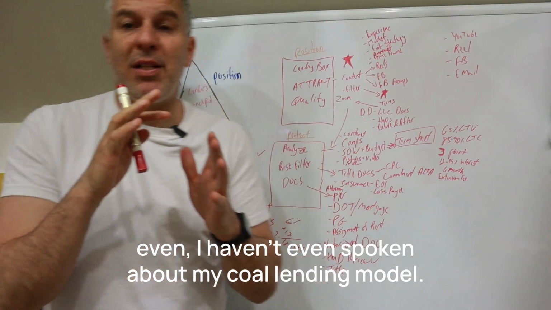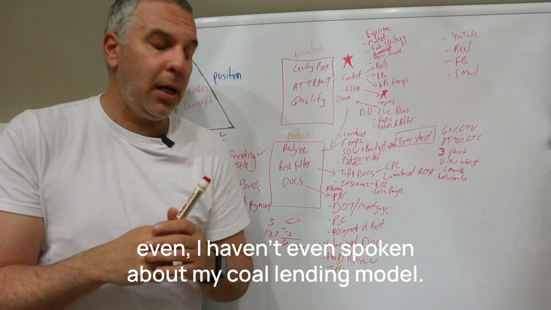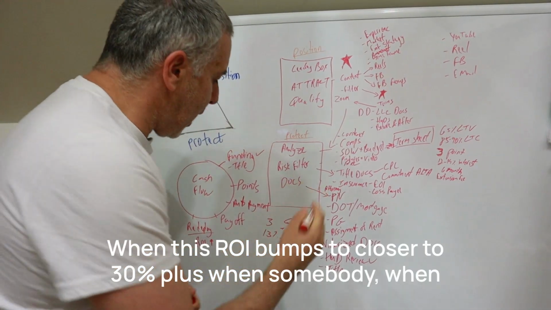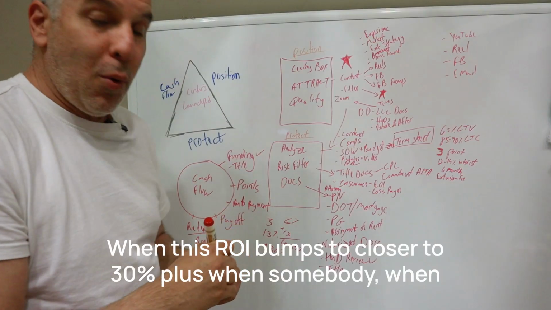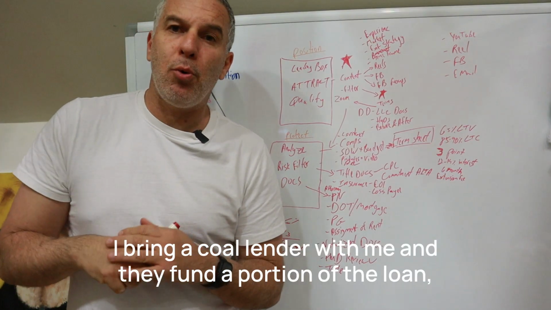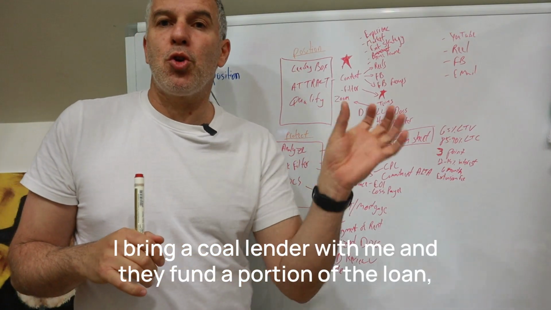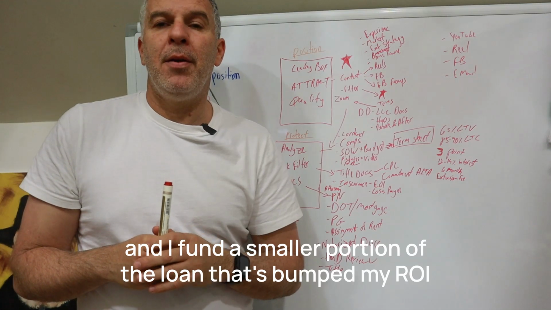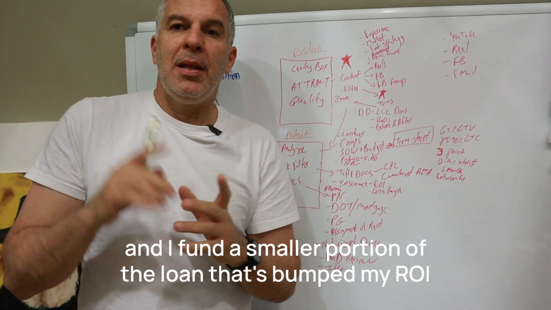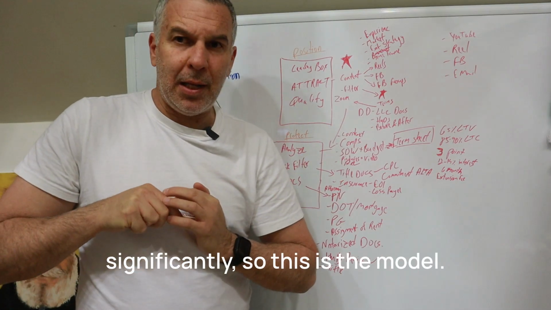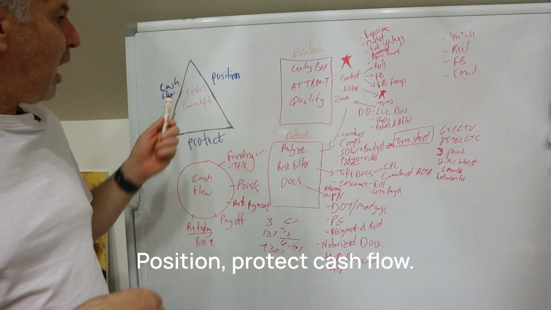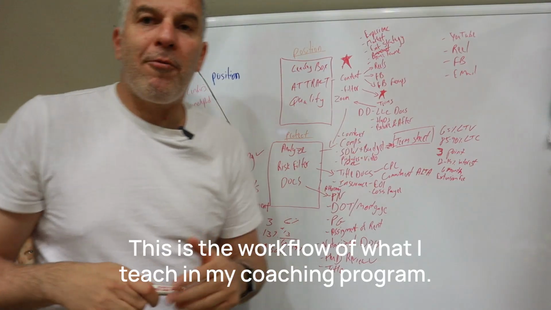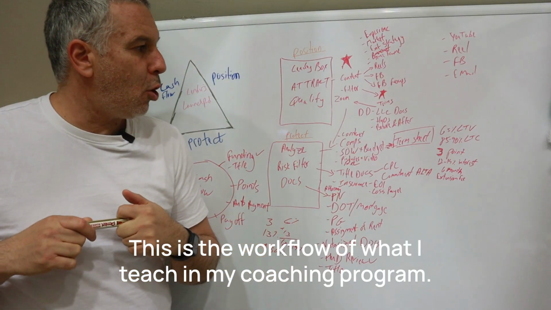And I haven't even spoken about my co-lending model, when this ROI bumps to closer to 30%. When I bring a co-lender with me and they fund a portion of the loan and I fund a smaller portion of the loan, that bumps my ROI significantly. So this is the model: position, protect, cash flow. This is the workflow of what I teach in my coaching program.